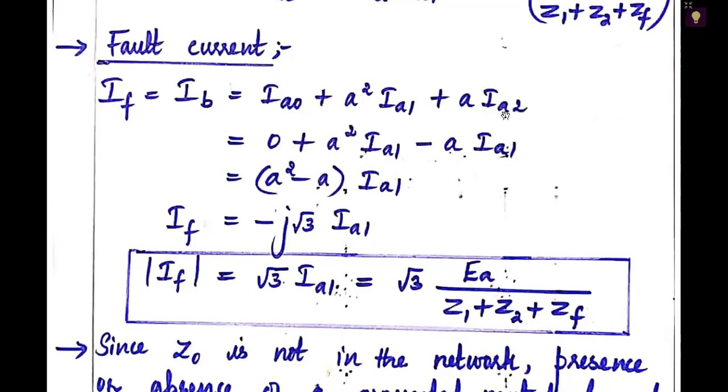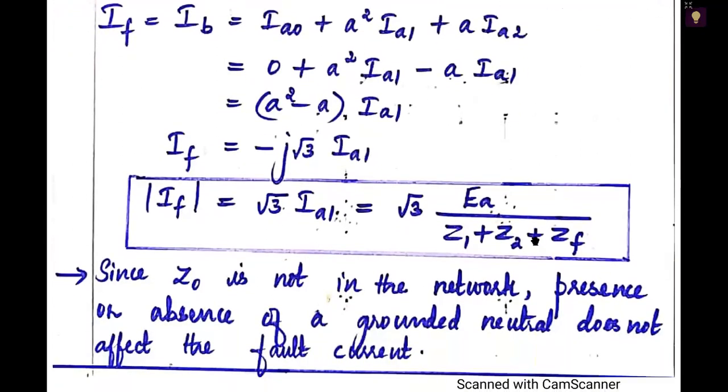Substitute IA2 as minus IA1 and take IA1 common: A square minus A into IA1. We know A square minus A is minus j root 3, so IB is minus j root 3 into IA1. To get only the magnitude of the fault current, we remove the minus and the j operator, giving root 3 into IA1. Substitute the expression for IA1, and we will get the fault current.